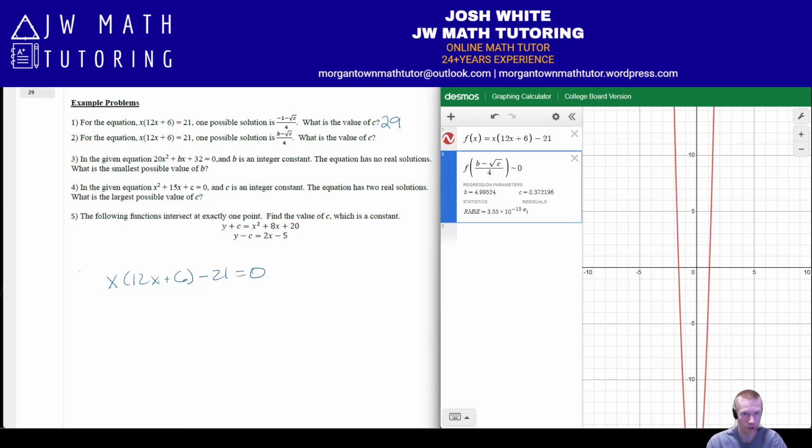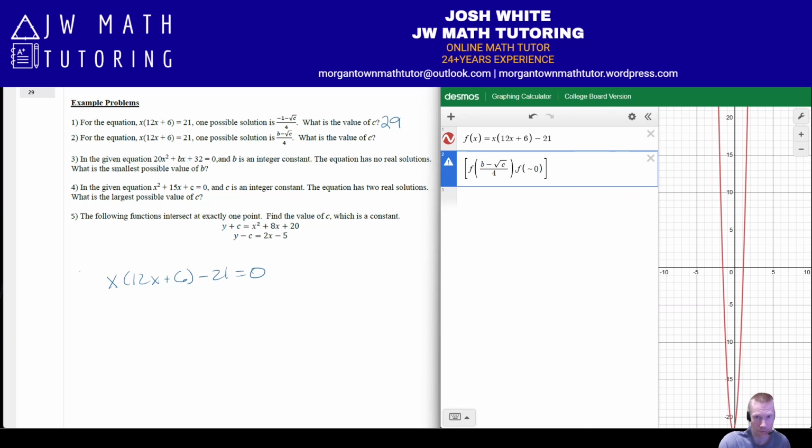So the workaround to this, the only way that I figured out to get around this, is we're going to enter this given solution, that's the b minus root c over 4, right? Now we need to do the same thing with the conjugate solution, which is going to be b plus square root c all over 4.